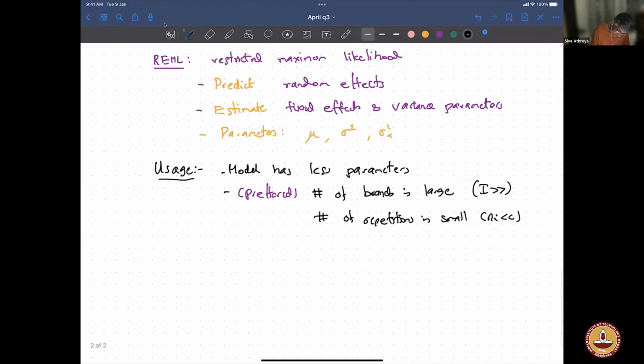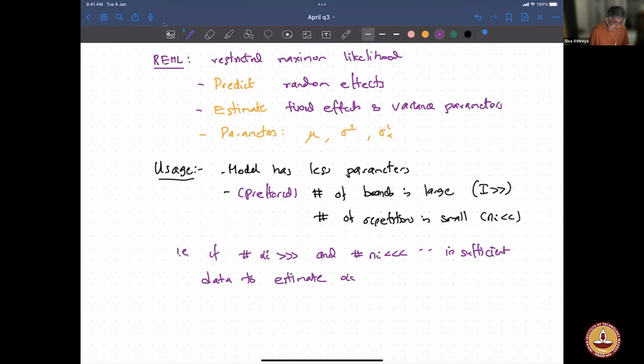If the number of alpha i is large and Ni is small, then there's insufficient data to estimate alpha. That's when you'll use a random effects model.